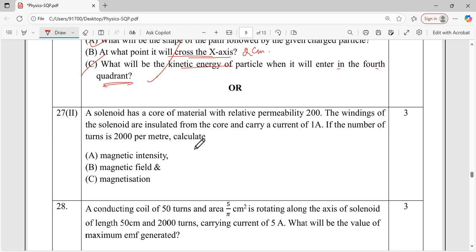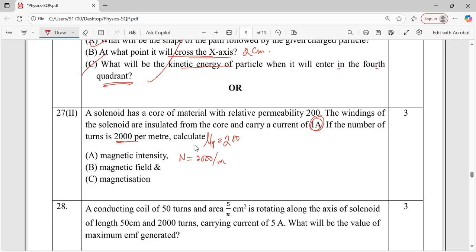So mu r is given as 200, the current is 1 ampere, and the number of turns is 2000 per meter.